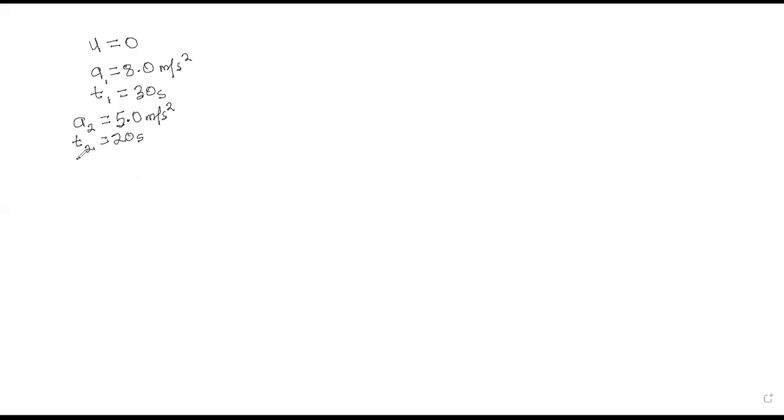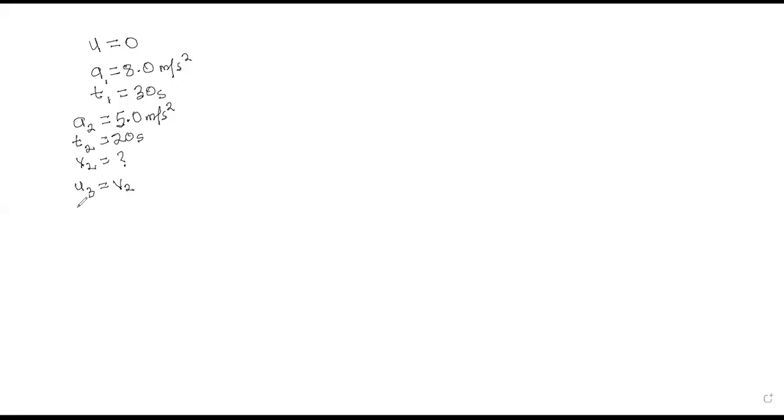So we don't know V2. We must determine V2. If we determine V2, then U3 will be equal to V2.